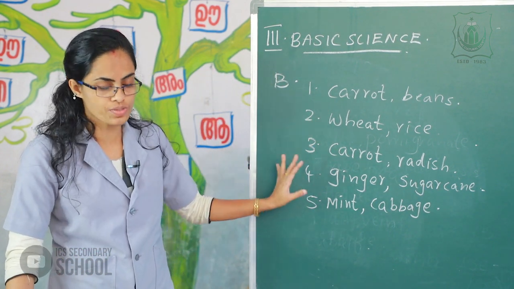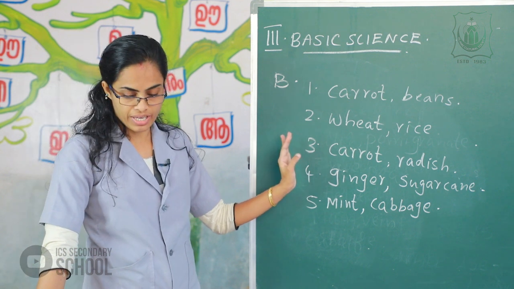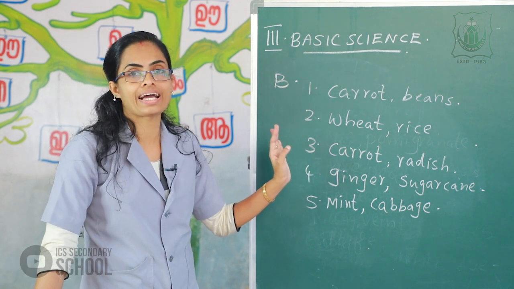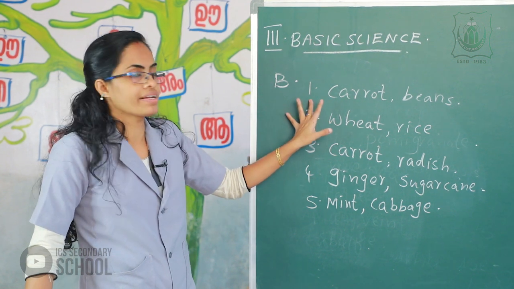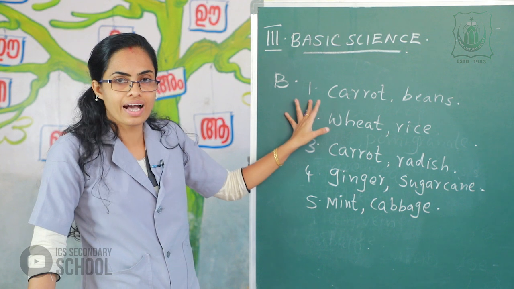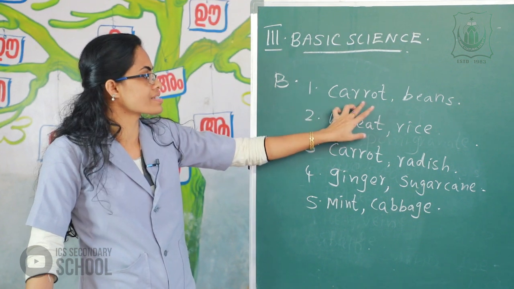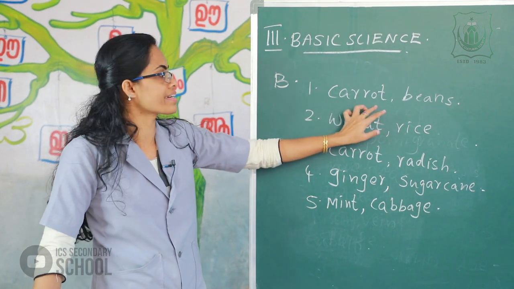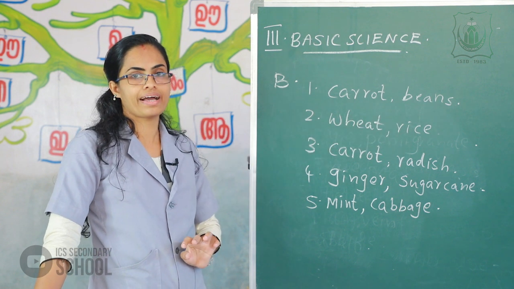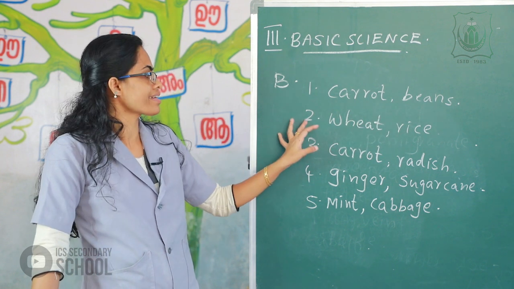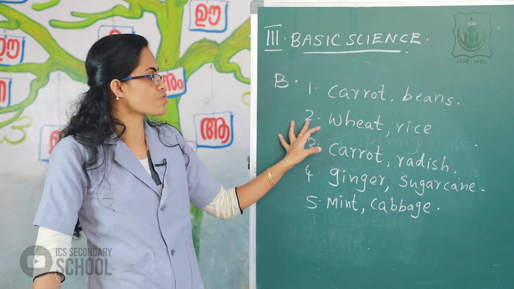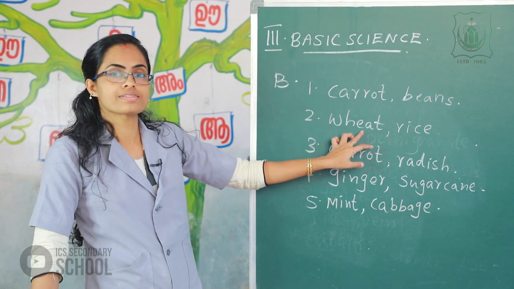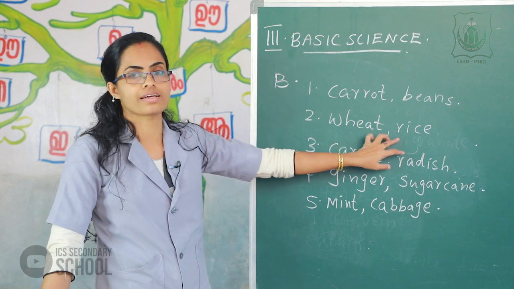First I repeat once more. Activity B, name any two plants which have taproot: examples are carrot and beans. Have fibrous root: wheat, rice.